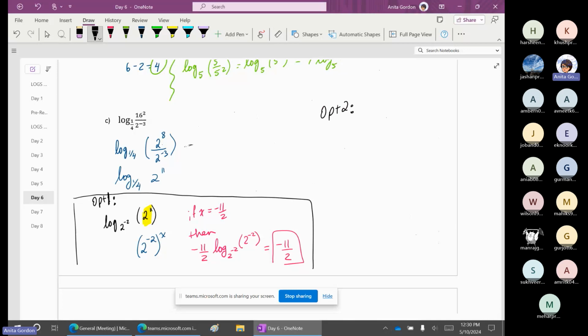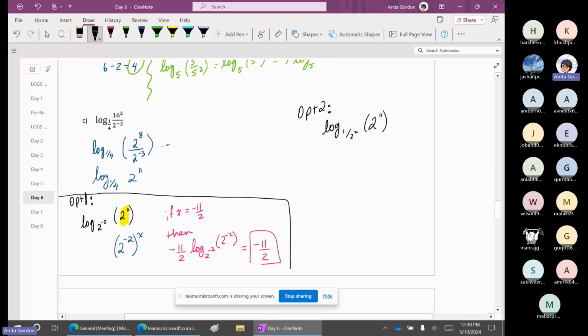You are going to write this as log base 1 over 2 squared, or you can write it as 2 to the negative 2. The first step is the same, of 2 to the 11. And you're going to make it equal x.